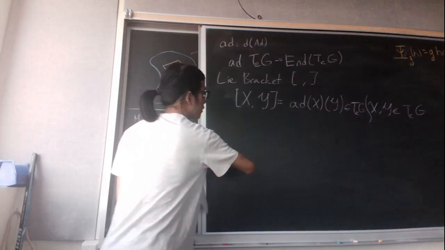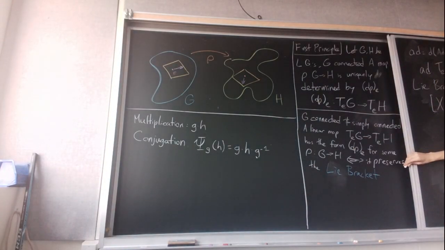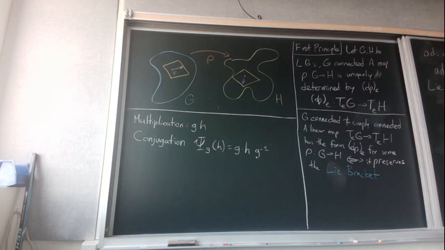Okay, and if we briefly refer back to the second principle, which we now understand, surely. So if your manifold is reasonable, your linear map of choice between the tangent spaces can only have this form if it preserves the Lie bracket.